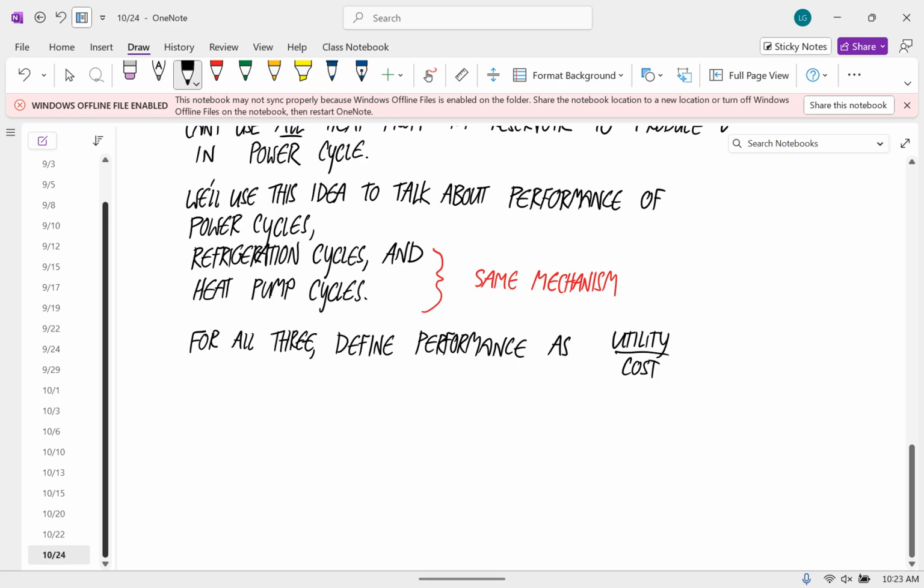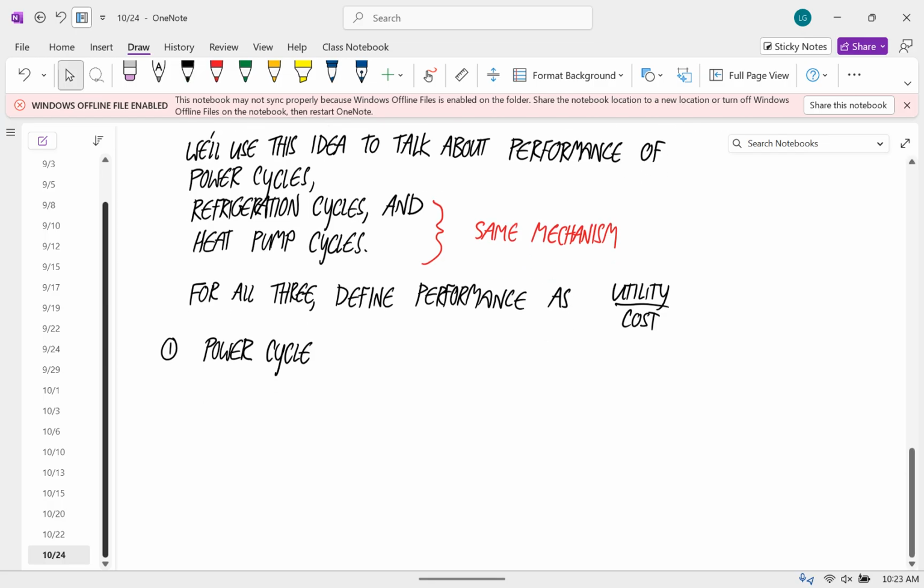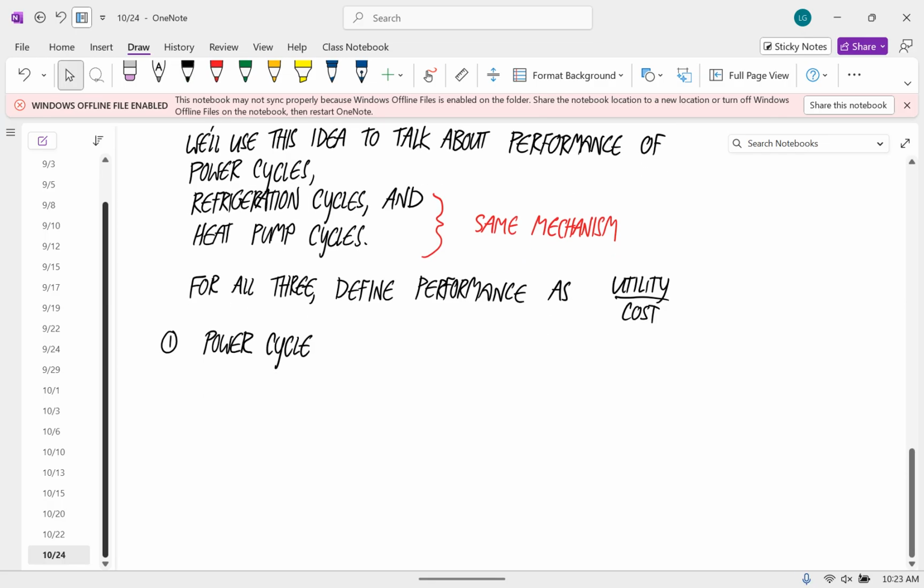Okay, so the first thing we're going to talk about is the power cycle. Later on, we're going to go into more detail on power cycles and talk about entire power plants and things like that. The way a power cycle works is, we have a thermal reservoir here.